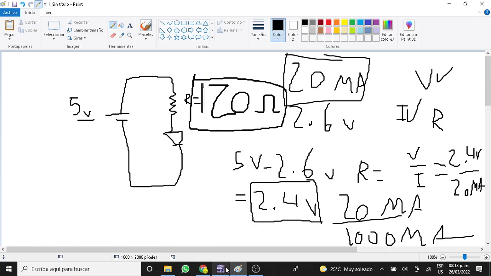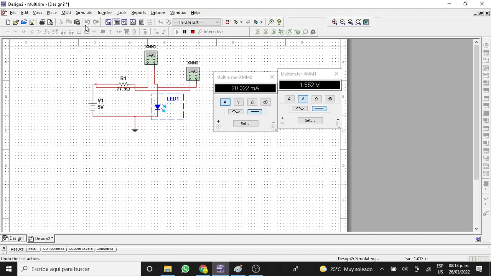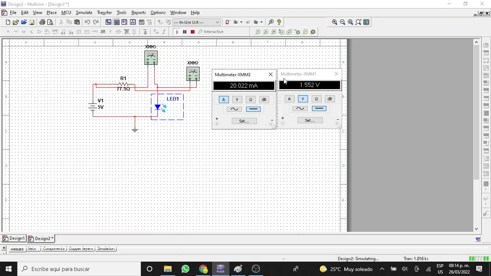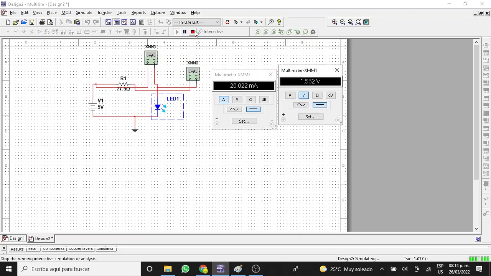We're going to check with this program. This is Multisim. I have this little circuit. In this circuit, we need 77.5 ohms in the resistance.